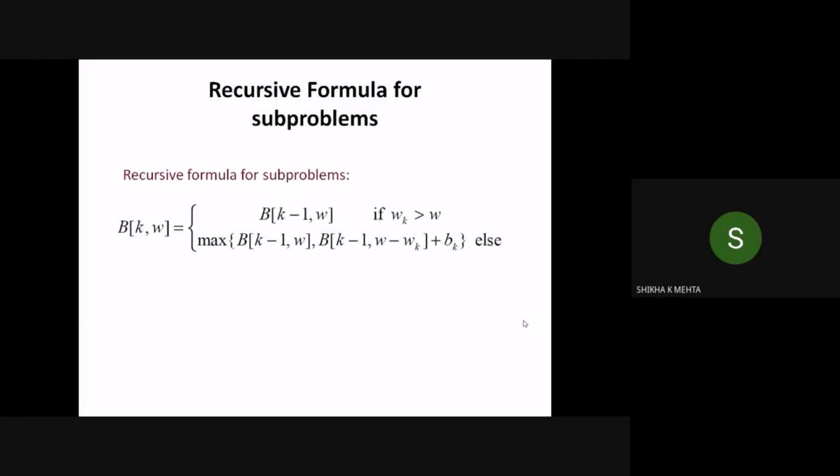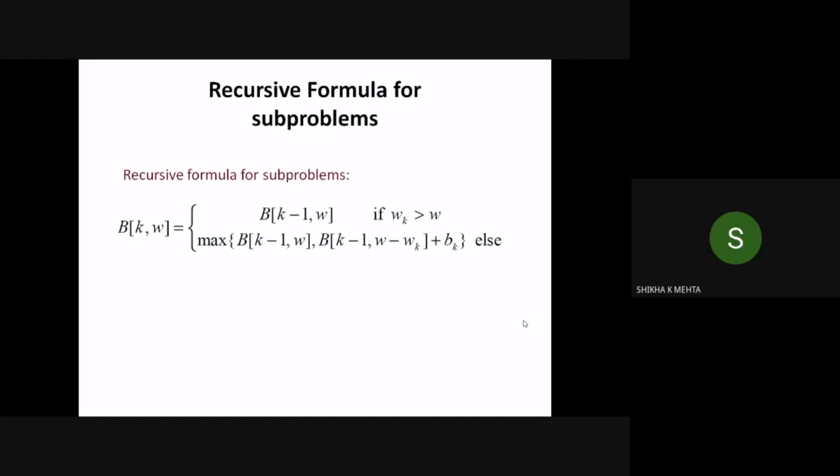So if wk is greater than w, then we write B[k-1, w]. Otherwise, in the else case, we take the max of B[k-1, w] and B[k-1, w - wk] + bk.